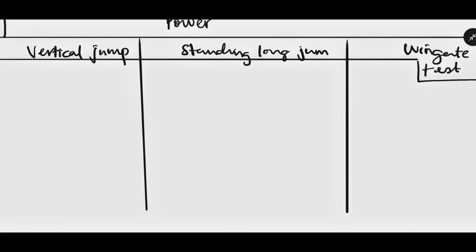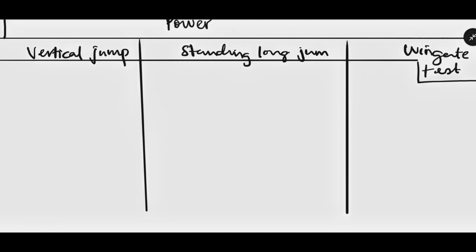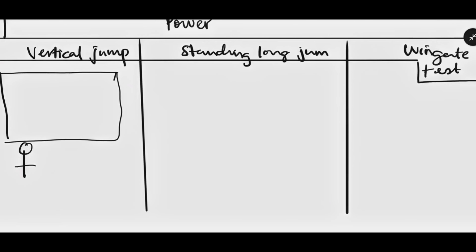We have 3 tests for power. Vertical jump test is very straightforward. Let's say you're standing facing a wall, right? And when you stand normally and you raise your arms, they reach to this point. So you can mark this point with chalk. You have a piece of chalk in your hand, you mark it.